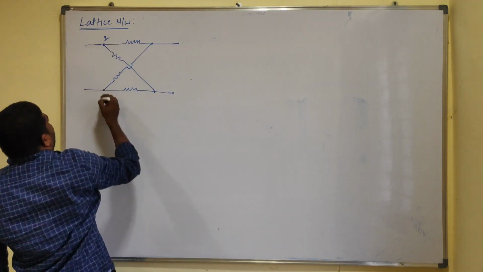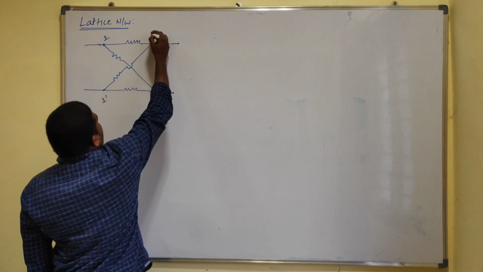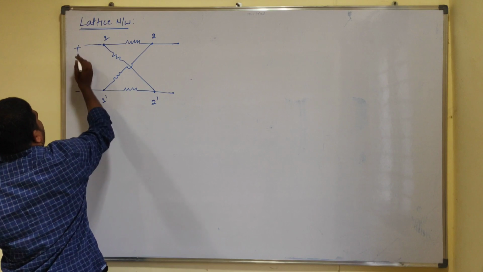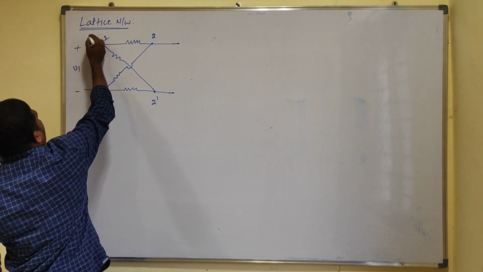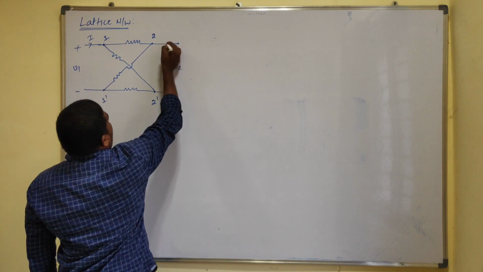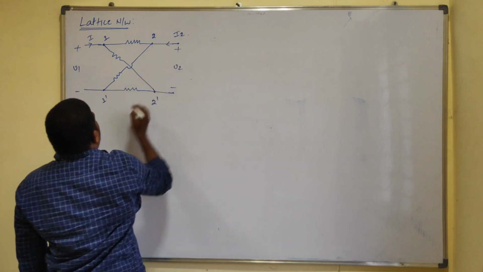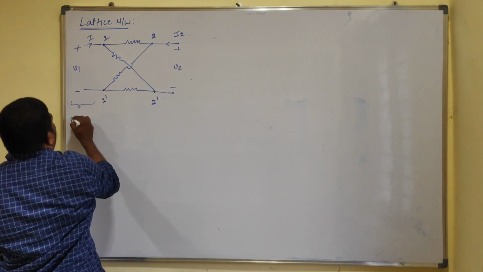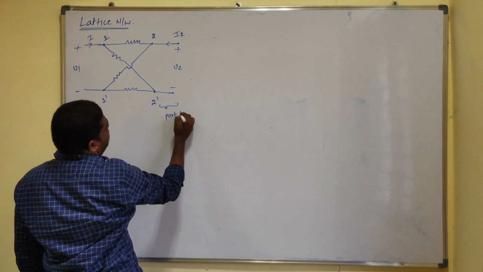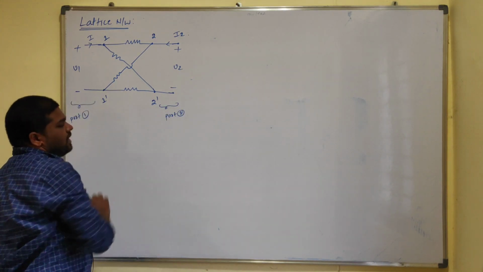This is terminal 1, terminal 1 dash, terminal 2, terminal 2 dash. Here the variables are V1 and I1. Here the variables are V2 and I2. This one is port 1 and this one is port 2. So this is your lattice structure.